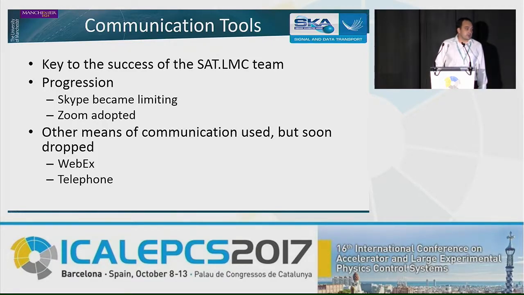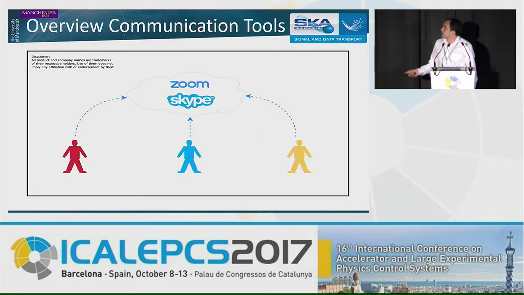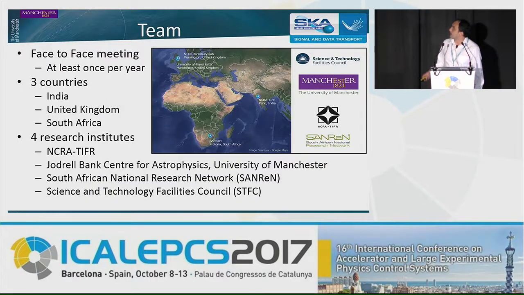It seems to be very much like Skype, but just a little bit more refined. Again, we'd highly recommend using this for any type of multi-team collaborations. We have used WebEx and telephone, more conventional ways, but again, many of you will know that'll get very expensive very quickly. So again, this is just a little picture of our distribution of people and communication.